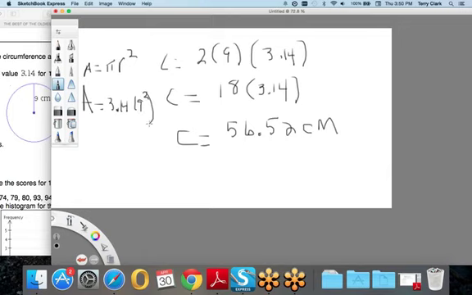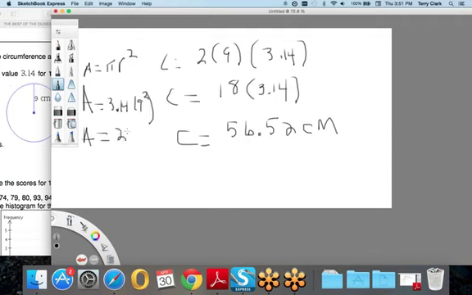And it's 9 squared because the radius is 9, which is different than the diameter. Diameter is twice the radius. So it's going to be 9 times 9 is 81, times 3.14.